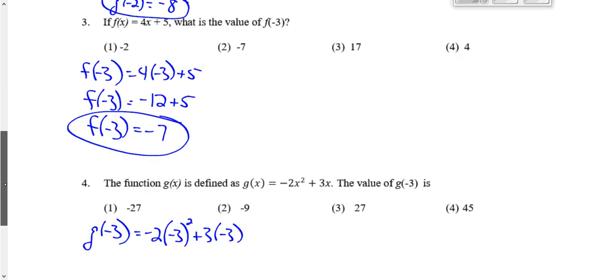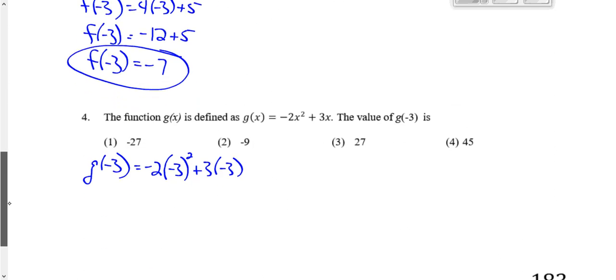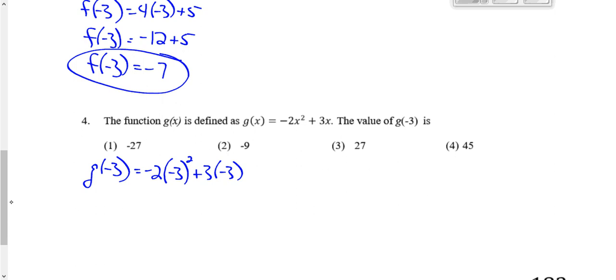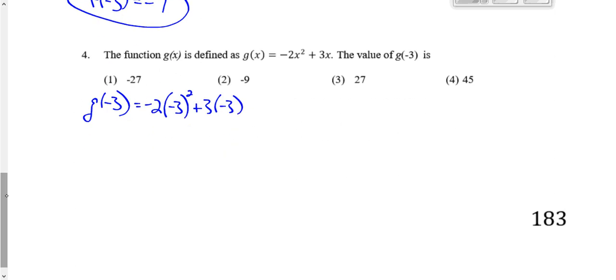Exactly. Yes, but then we're going to do the 2. Well, after you do exponents in PEMDAS, then you do multiplication. Yes, but I got negative 18. So? Is that a problem? What did you get? Negative 27. Anybody else?